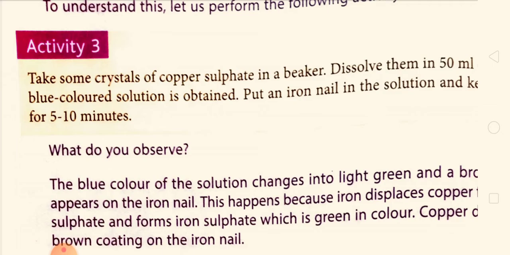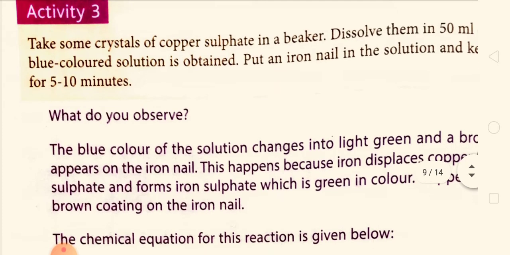You will also do this activity, watch the video, and do the activity, and you will also draw two beakers: one beaker having copper sulfate with blue color, and one beaker having iron sulfate with green color, and a nail having brown covering that is copper.